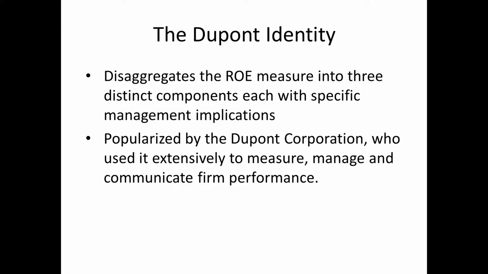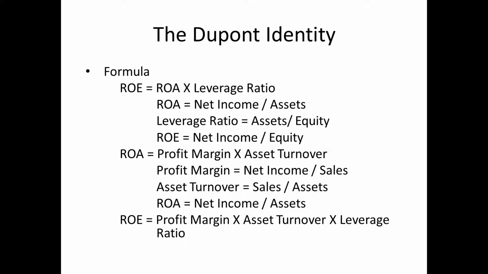As you saw in the last one, return on equity is basically return on assets times the leverage ratio. Return on assets is net income over assets. Leverage ratio is assets over equity. So if you thought about that, this times this, you cancel it out, it just becomes net income over equity, and that's ROE. So it's a simple algebraic way of getting to that.